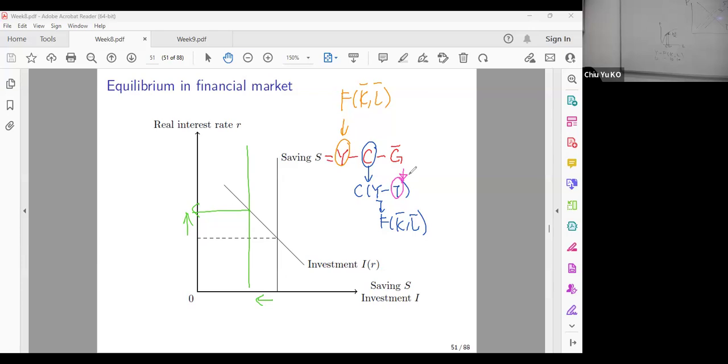Because suppose you have more AI or the economy is expected to be good, right? A lot of investment opportunity, right? Then this will shift to the right-hand side, right? So suppose you have more investment opportunity, for some reason, I don't know why, but imagine this happened, right? What happens is the total saving actually does not increase, but the interest rate goes up, right?